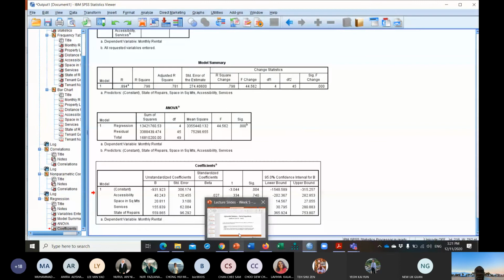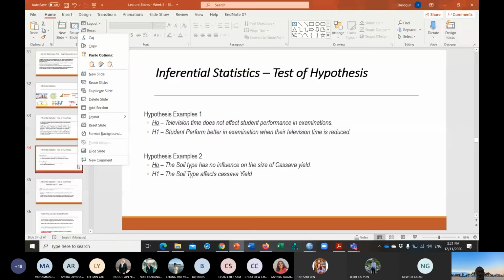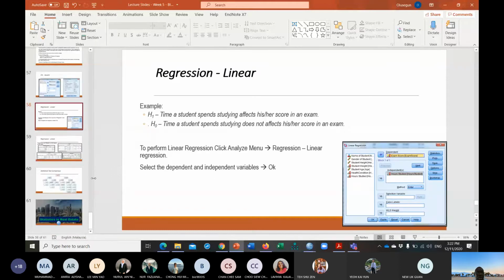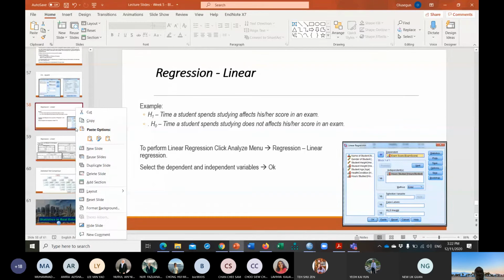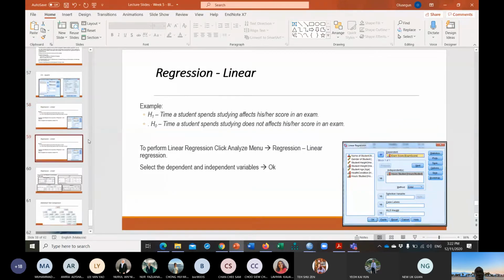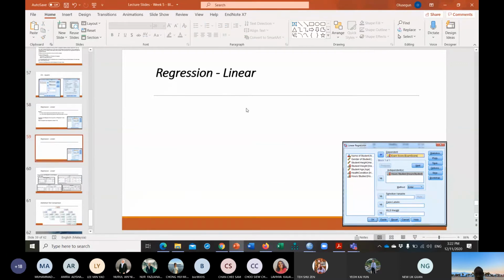Let me duplicate this. I hope I copied it well so that we can paste. How do I paste?